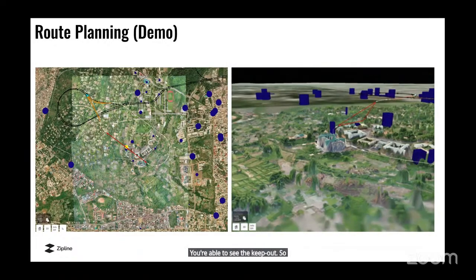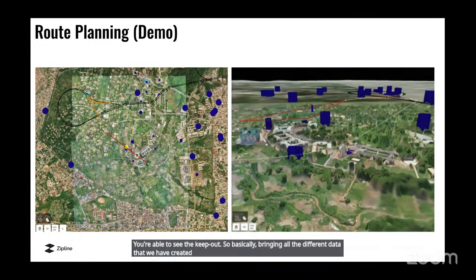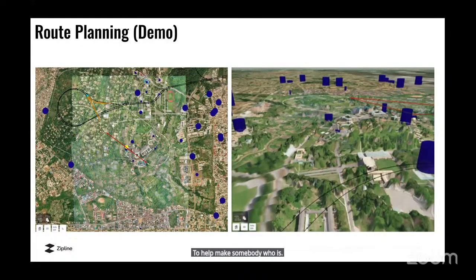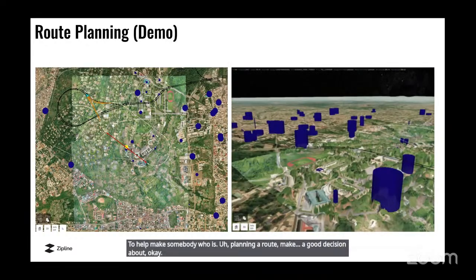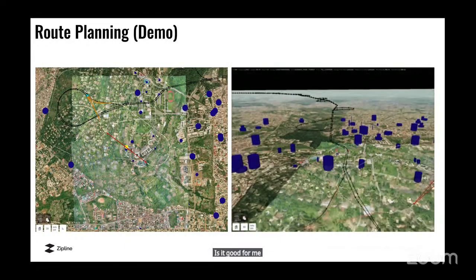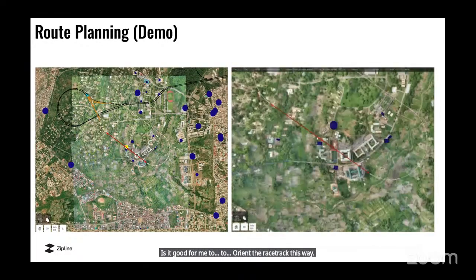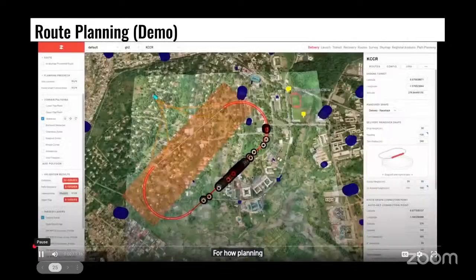So basically bringing all the different data that we have created into one space to help somebody who is planning a route make a good decision about, okay, is it good for me to orient the racetrack this way or the other? All right, we are going to take a minute to watch a demo for how planning is done for a route.